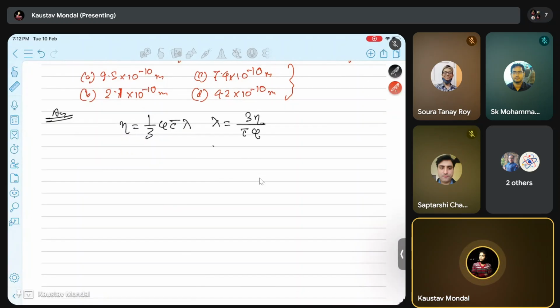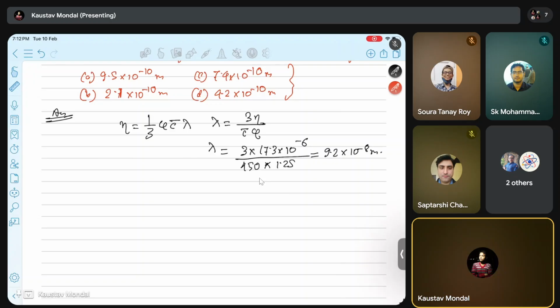From here we can calculate lambda: 3 into eta, which is 17.3 into 10 to the power minus 6, c bar is 450, and rho is 1.25. If you calculate all of this, you will get 9.2 into 10 to the power minus 8 meter.